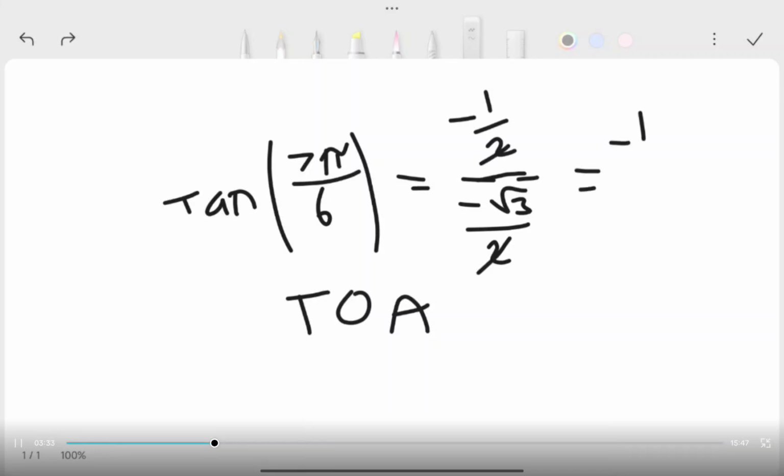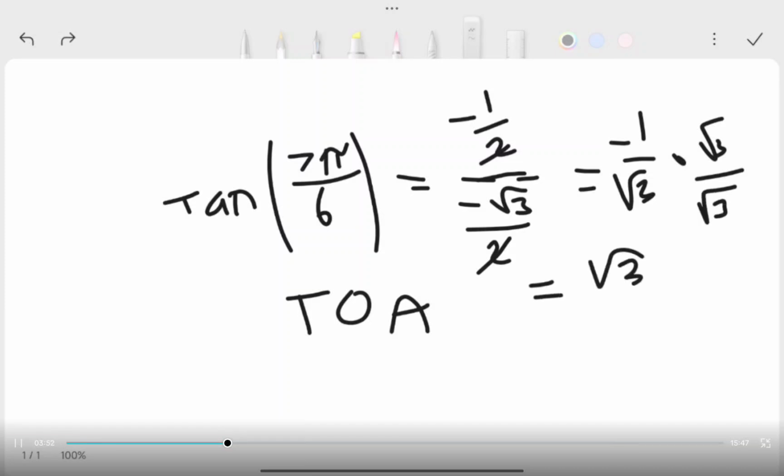Cancel out the 2, and we have 1 over negative square root of 3. Let's multiply it by square root of 3 to cancel out the square root. And our answer is square root of 3 over 3, and it's negative.